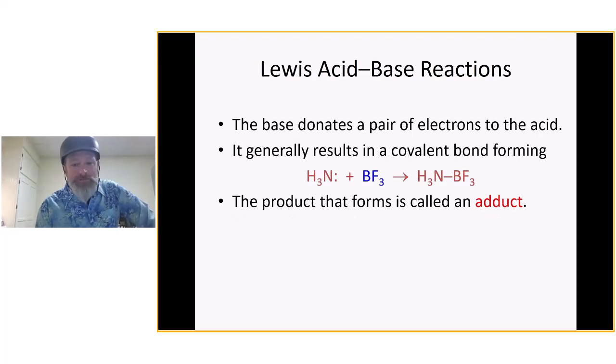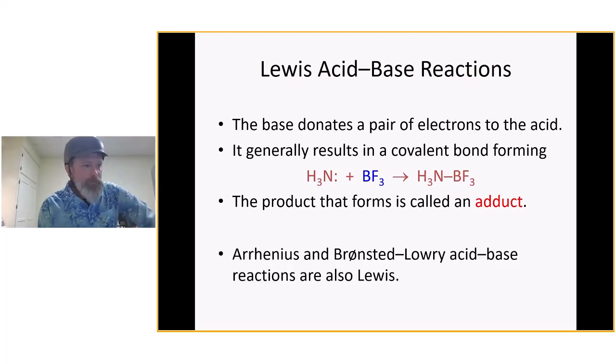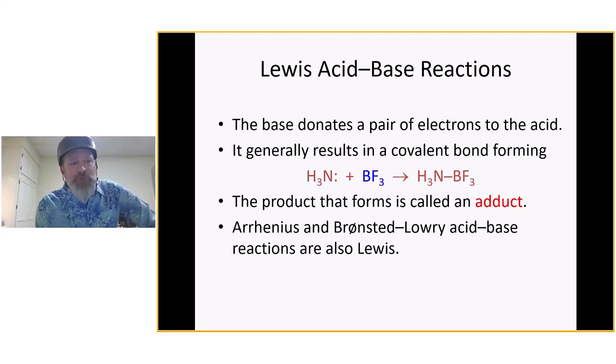The product that forms is known as the adduct. So the H3NBF3 that we see on the products is the adduct. Arrhenius and Bronsted-Lowry acid-base reactions are also Lewis acid-base reactions. It's just that the Lewis is a bigger umbrella than the Bronsted-Lowry and the Arrhenius.